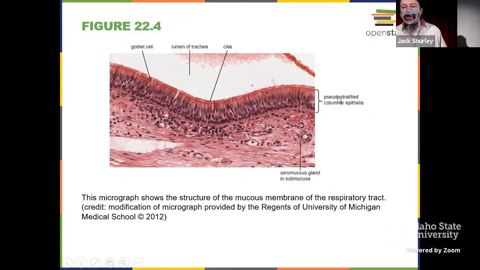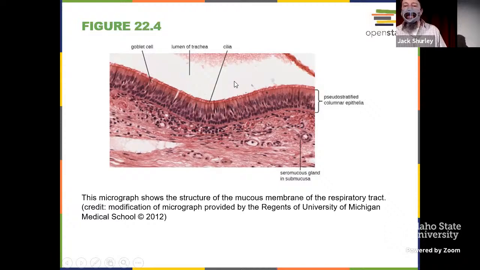This is the pseudostratified epithelium, and there are goblet cells. Remember, those cells are important for mucus production. The cilia have a little whip or brush-like movement that helps to move that mucus, with the mucus trapping things and being moved up and out of there with the motion of the cilia.